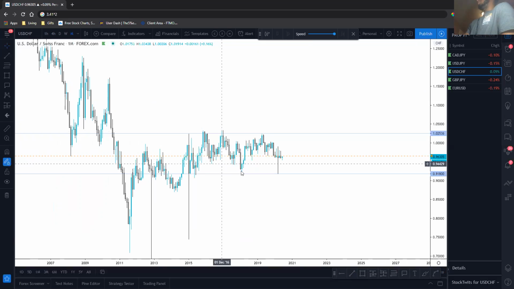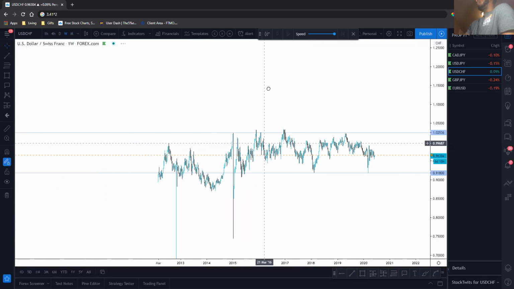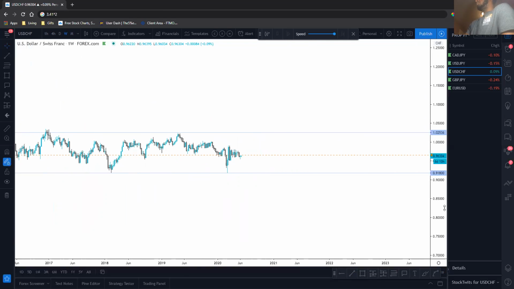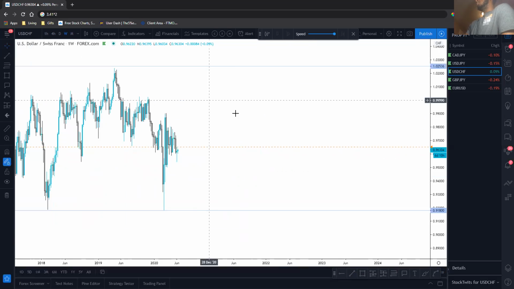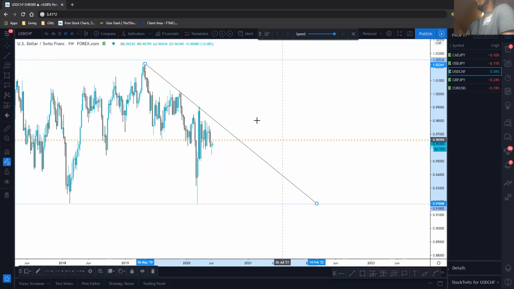Okay, so boxing in price here. We can see we have a downtrend there. I want it to be a little bit cleaner, so I'm going to wait for the weekly to draw it. Starting at the top, connecting wicks and going all the way down, right?